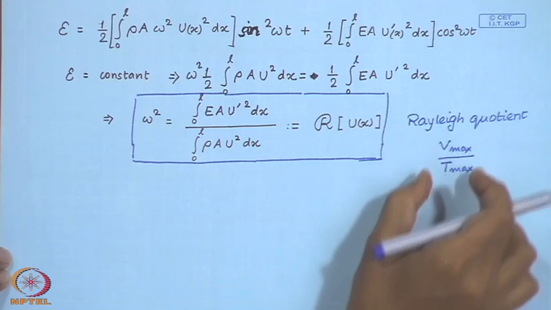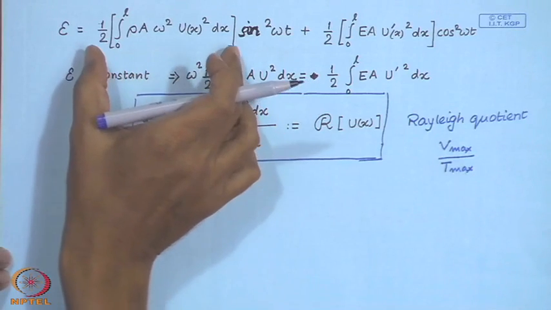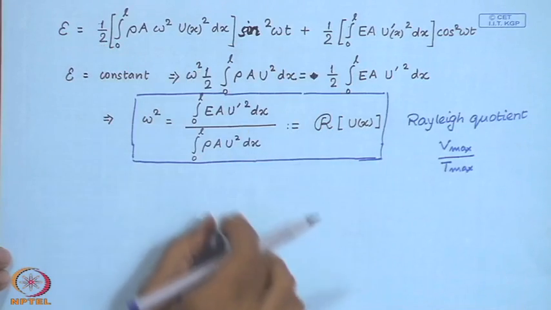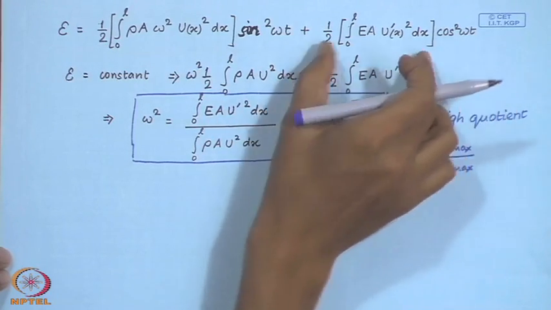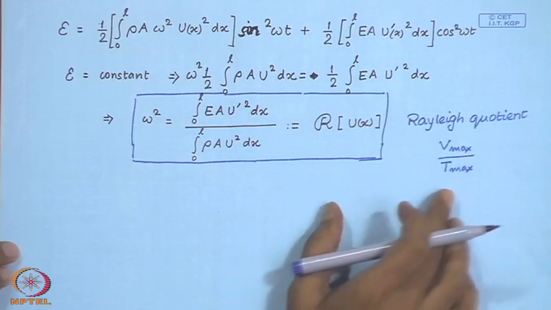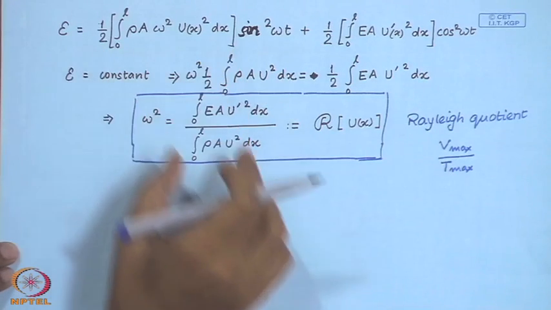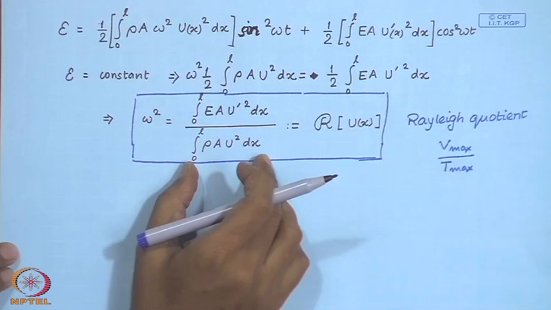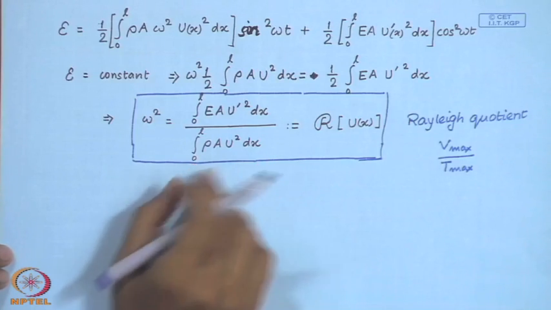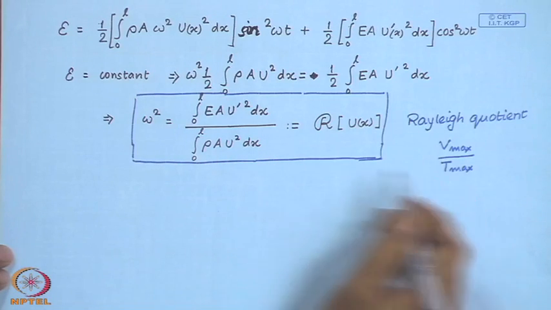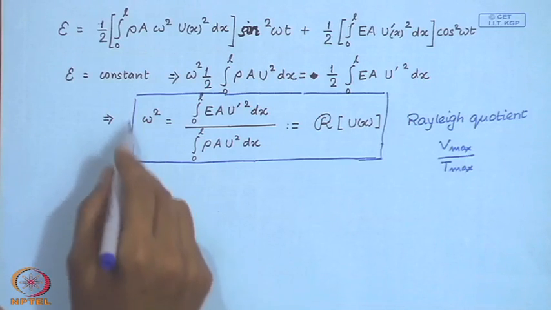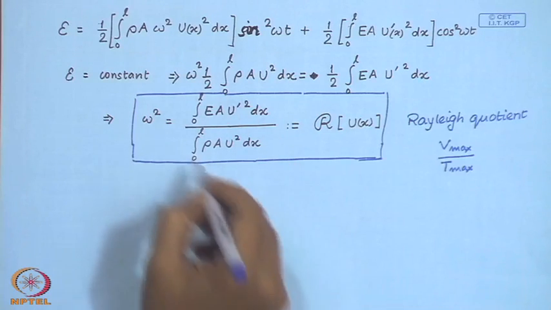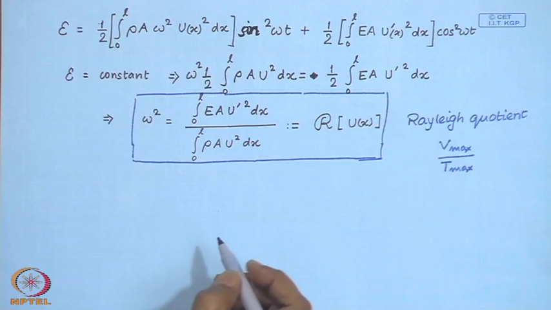So, the maximum potential energy would be the amplitude of the cosine square omega t term, whereas the maximum kinetic energy would be the coefficient of the sine square omega t term, and of course, this omega is solved in terms of this.